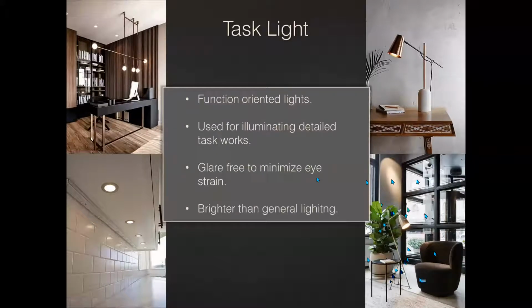Right next to it, you can place a floor lamp that only illuminates the activity that you plan to do. And subsequently, it reduces the glare as well, because it's just illuminating the book and not the whole surrounding, and it doesn't affect your eyes directly. Also, it's brighter than the general lighting, as I mentioned.